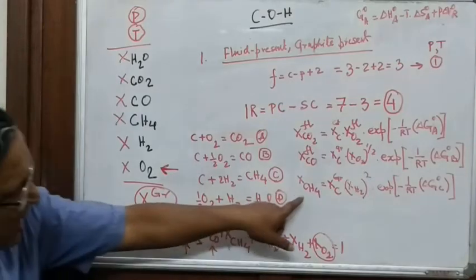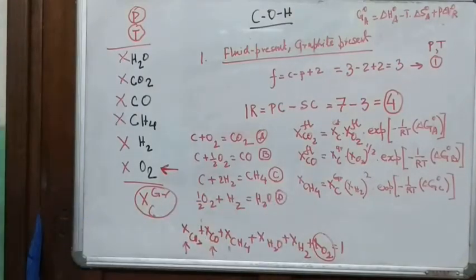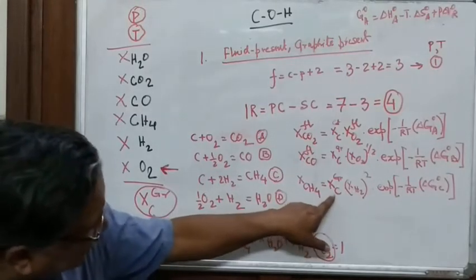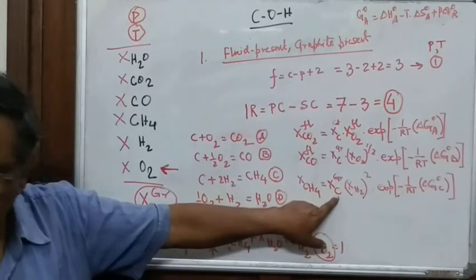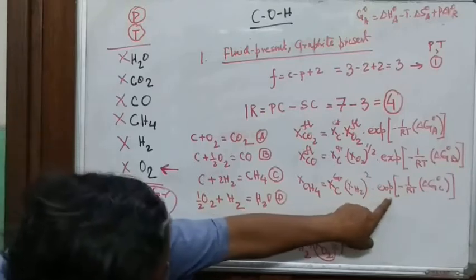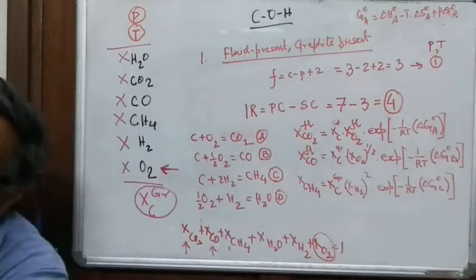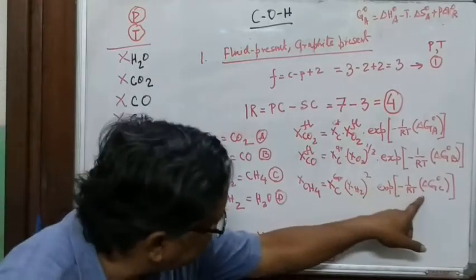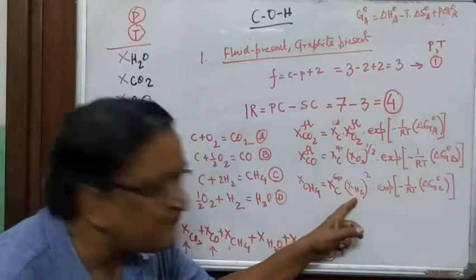But I can't find a value for XCH4. This is 1, no problem. This value is a constant. But this value, I don't know.